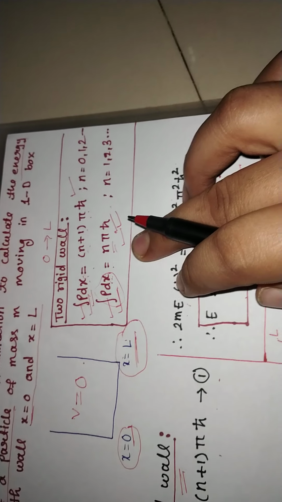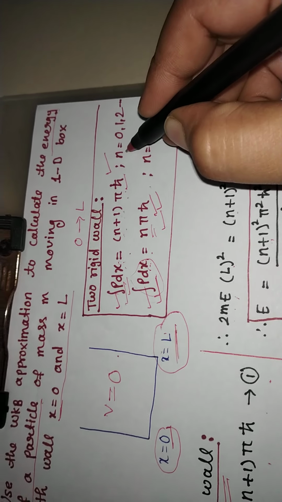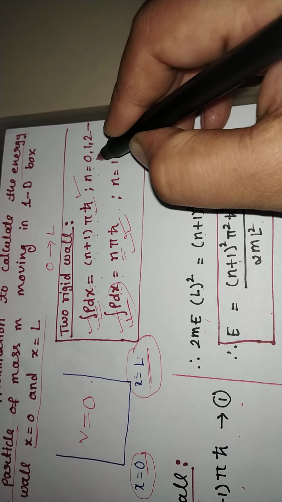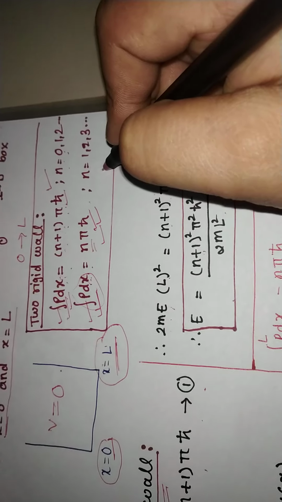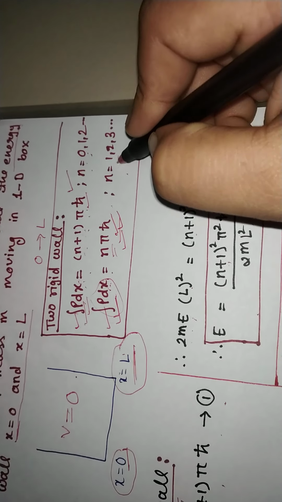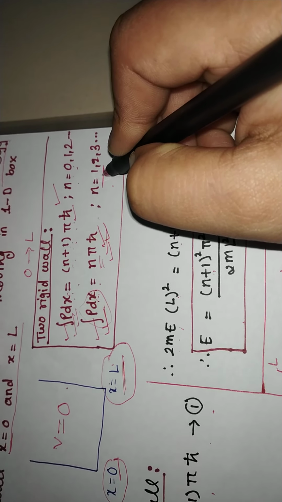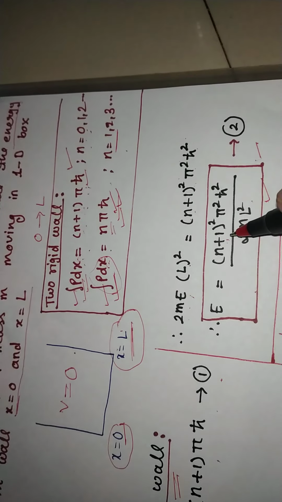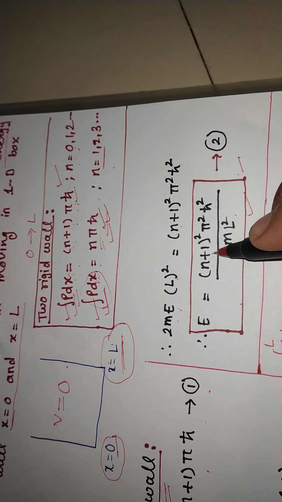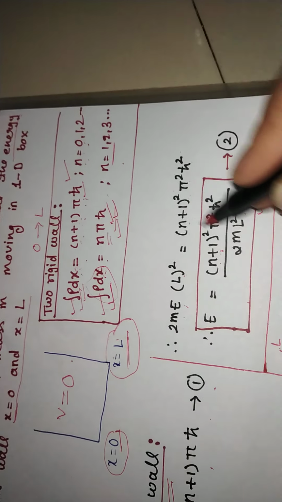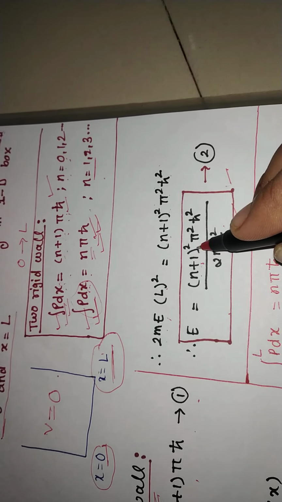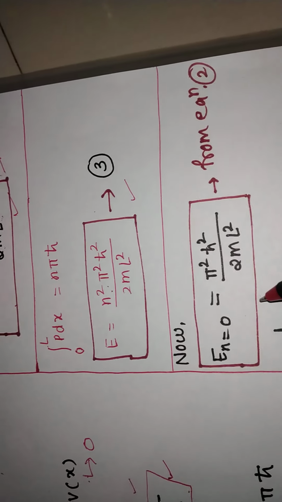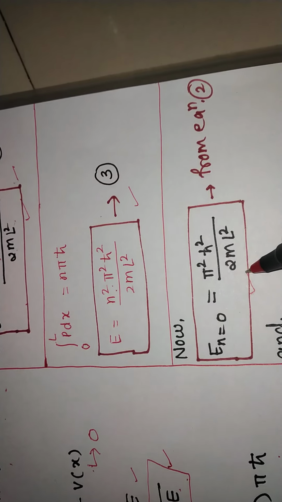See, what are the conditions? If you are using the first one, you have to take the first value of n as 0. And in the second one, the first value you have to take for n is 1. So by using the first formula, putting n as 0, this becomes 1/2 squared, and the answer will be pi squared h cross squared upon 2mL squared.